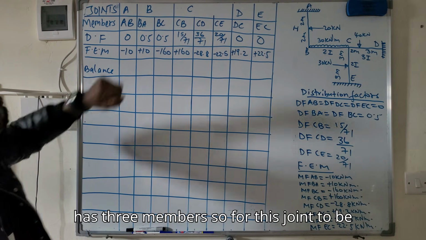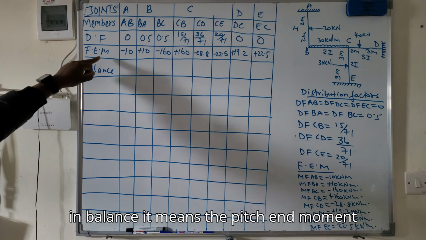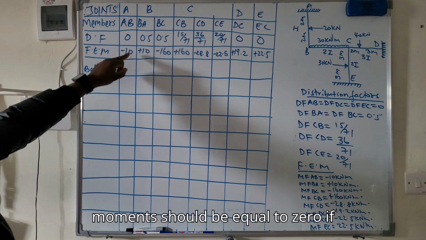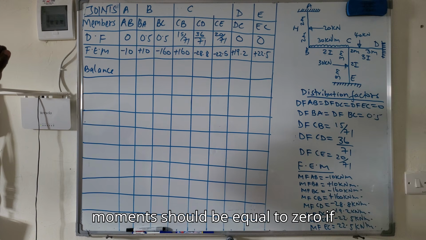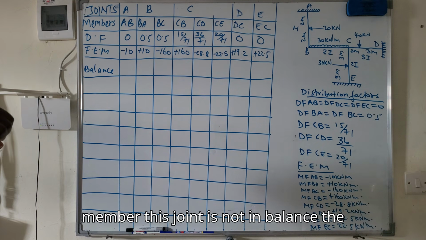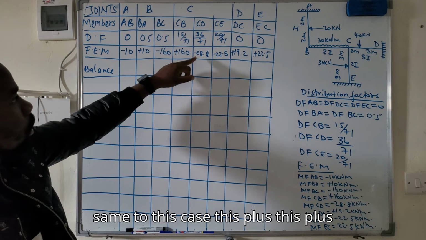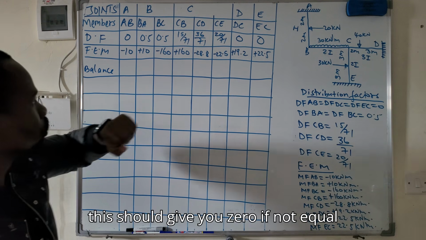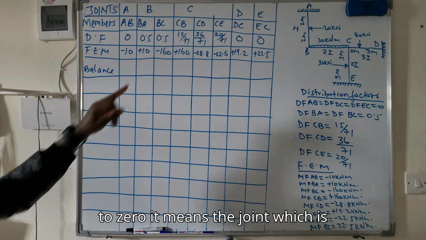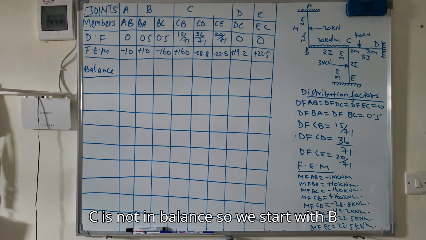For a joint to be in balance, the sum of the fixed end moments of its members should be equal to 0. If not equal to 0, it means the joint is not in balance. The same applies to joint C.